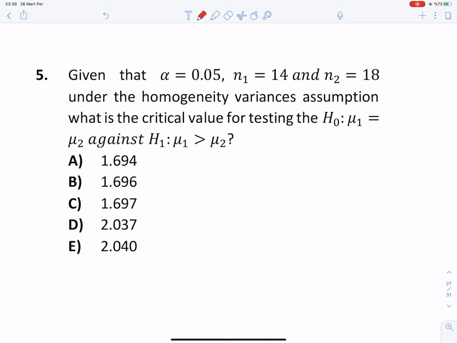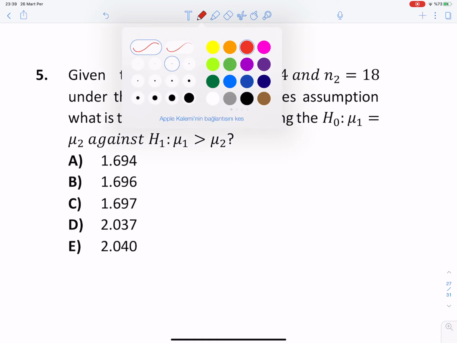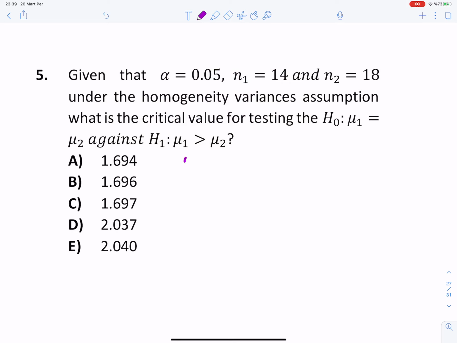For the homogeneity cases, recall that the degree of freedom is n1 plus n2 minus 2. So it makes 14 plus 18 minus 2, which becomes 30. That's the degree of freedom.